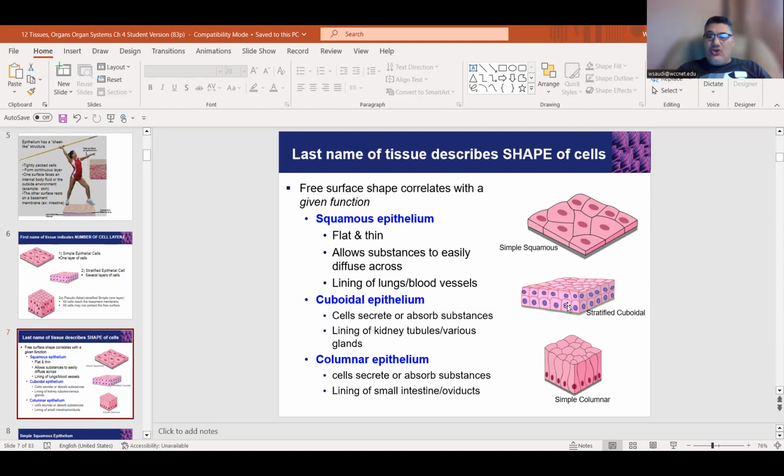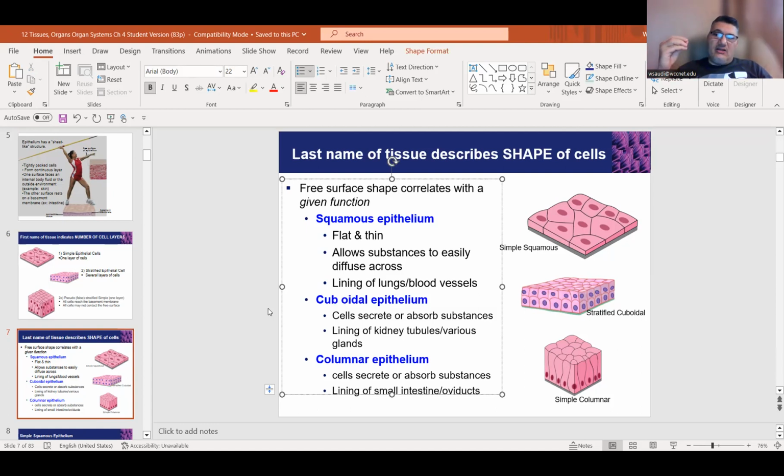If it looks like cubical shape, look at this. I know it's not a perfect cube, but if I ask you what does it look like? Is it flat like this? Is it long like a column like this? No, it looks more like a cube. So we call it cuboidal. Cuboid. Cube, we know what's cube.